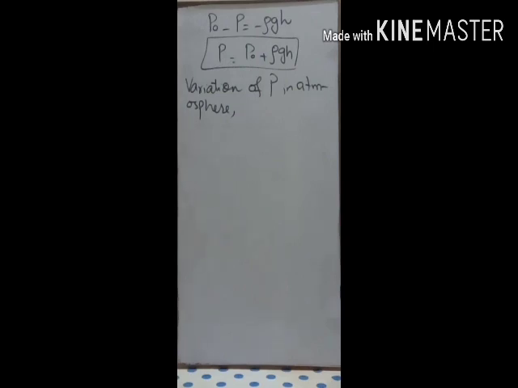As we move from Earth's surface to higher altitudes, the pressure decreases if the temperature is constant. Now, using Boyle's law at the sea level, we have PV is equal to constant, and density is given as rho is equal to mass per unit volume.